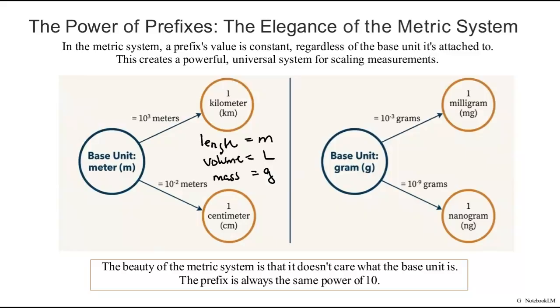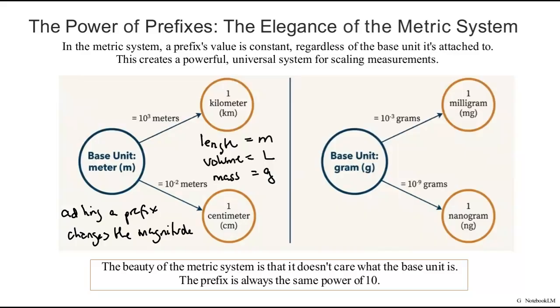And the way we are going to deal with them, knowing that we're dealing with big numbers or small numbers, is by adding a prefix in front of that base unit, by adding a letter in front of that base unit. So adding a prefix changes the magnitude of that base unit.